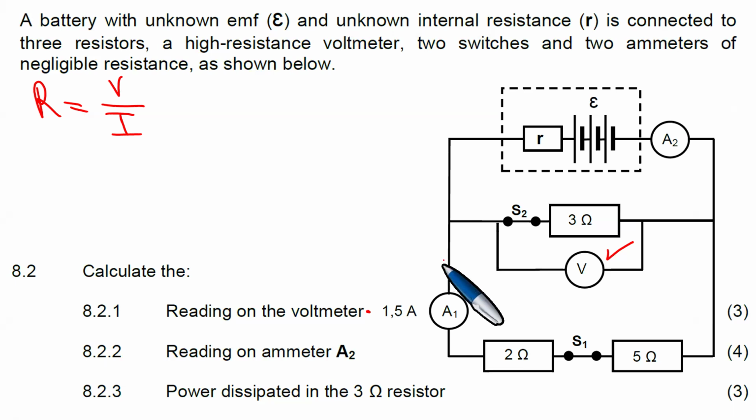So we know very well that the current that passes through here is 1.5 amperes.